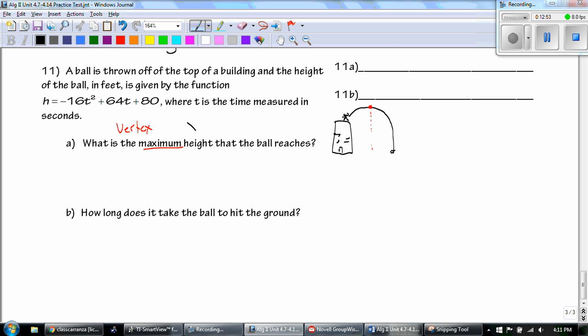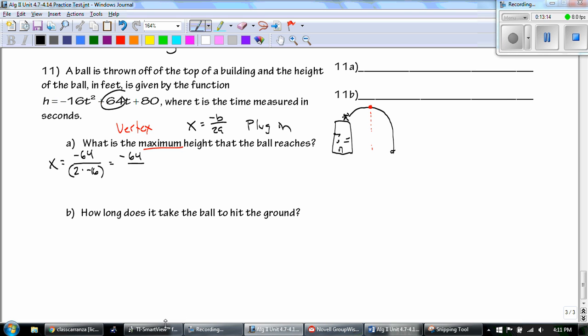So the first thing that we have to do is the opposite of b over 2a and then plug in. Okay, so x equals the opposite of b, so -64 over 2 times -16.